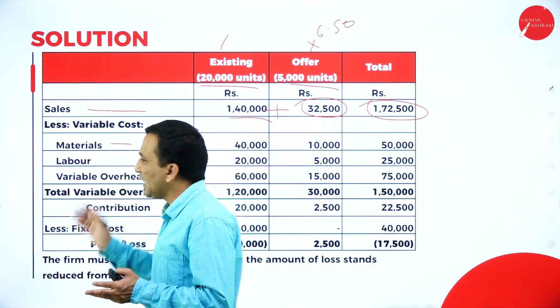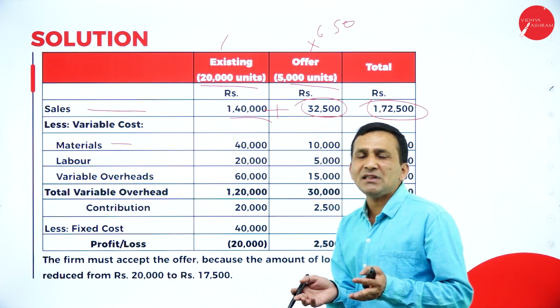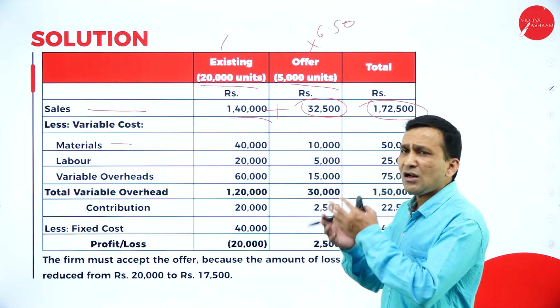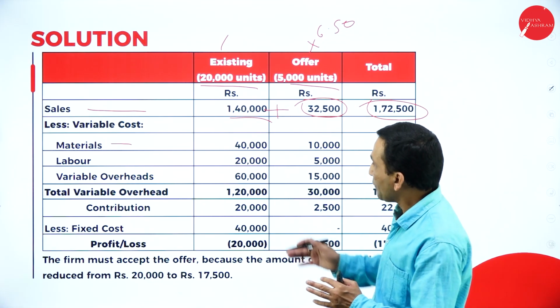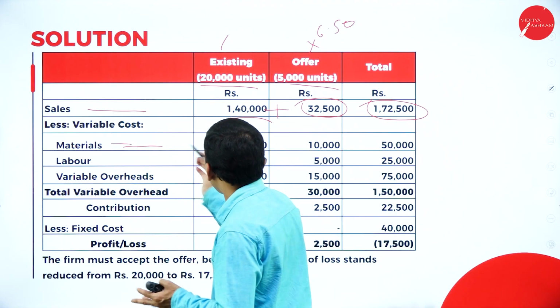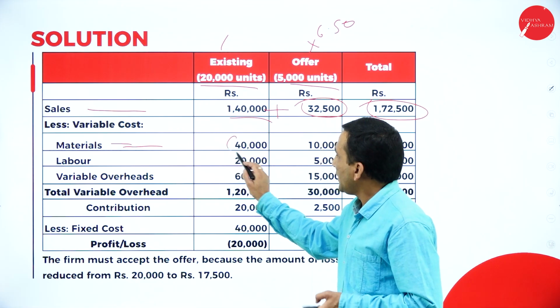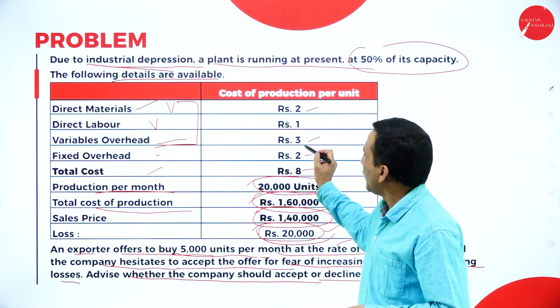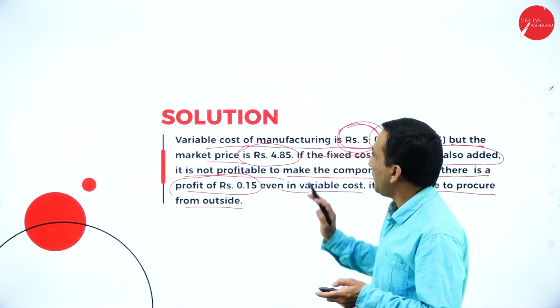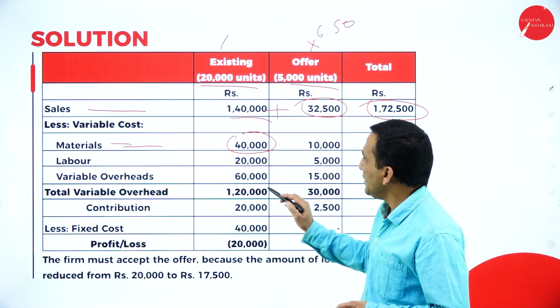We know the material, whether you are producing 20,000 or 25,000, is the same material used for the same product, so the material cost is the same.